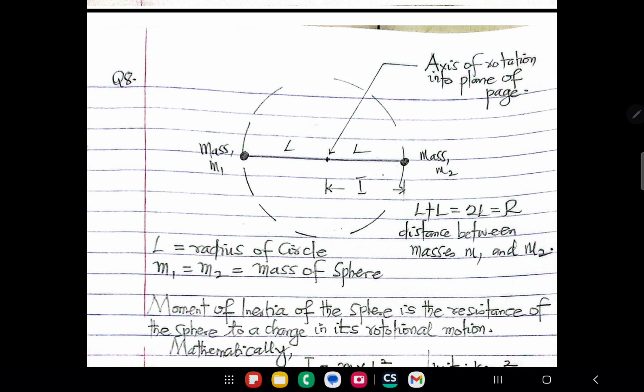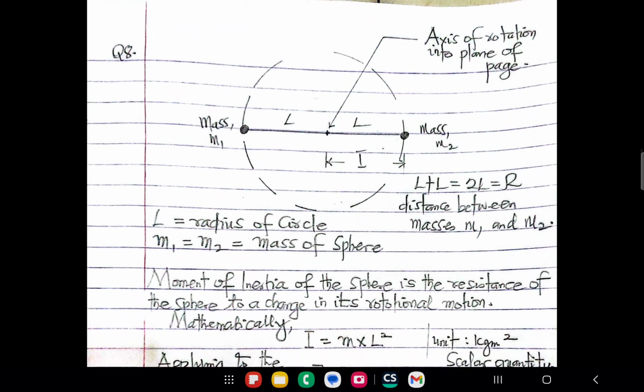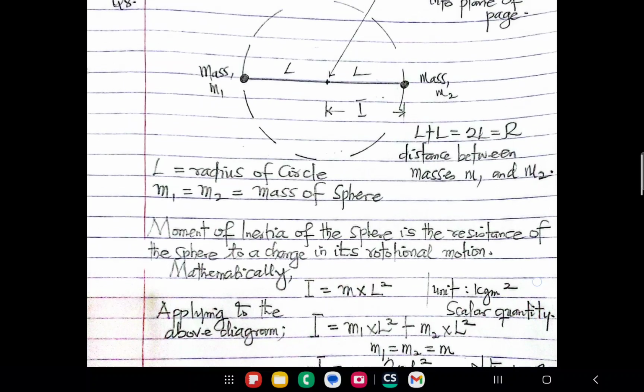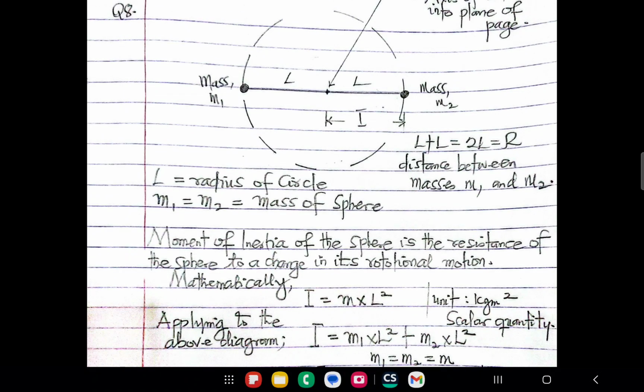So from one mass to the axis of rotation is noted as L. From the other mass to the same axis of rotation is also L, because that is the whole distance from one point to the other, which we can call the diameter. So the distance L on the left hand side is the same as the distance L on the right hand side. So realize that the expression has been written here that L plus L is equal to 2L, which we can call R, and R here is standing for our distance from mass 1 to mass 2.